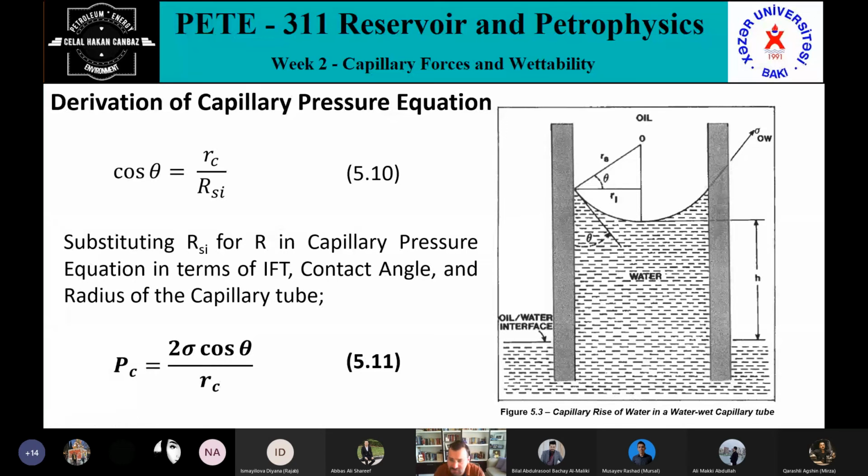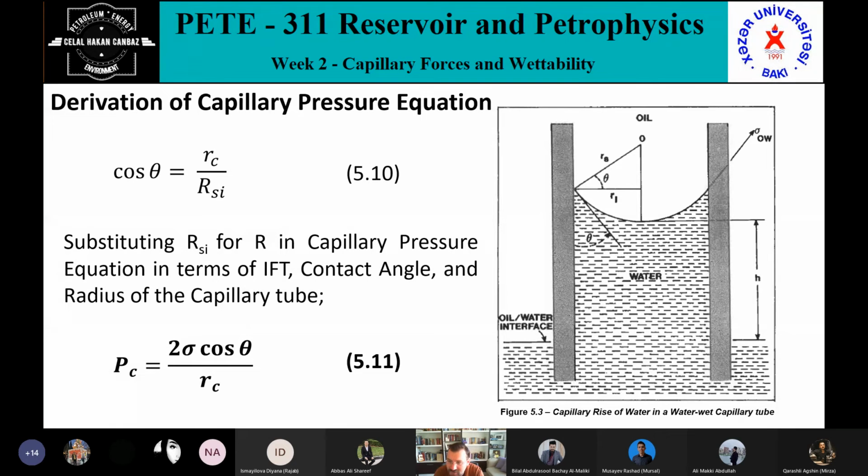In figure 5.3, it's an exaggerated view of a capillary tube which contains water as the wetting phase and is in contact with a non-wetting fluid. It can be gas or oil, but in the figure it's shown as oil.